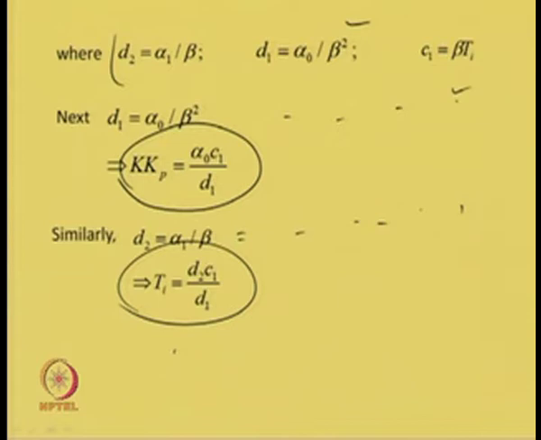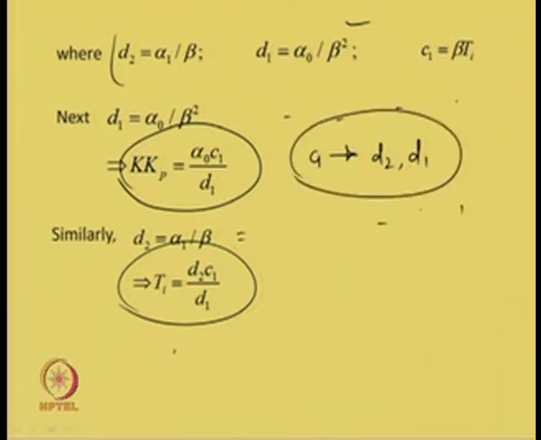Then the main reason for obtaining in this convenient form is that since for any C1 it will not be difficult to get D2 and D1, therefore, assume any C1 and obtain optimum D2 and D1. So, known quantities will be alpha 0, alpha 1 is not there.